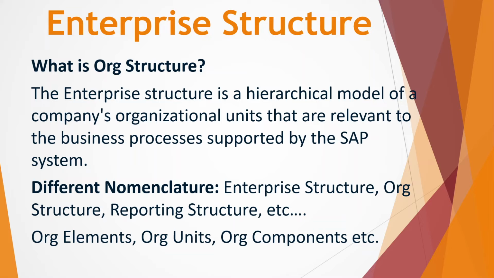Org element will be one. There are many elements, but each will always denote a single component only. For example, company code, controlling area. These are all nothing but your org elements.